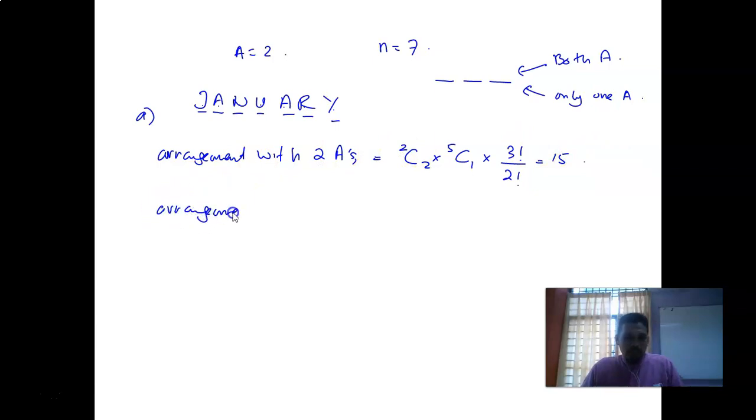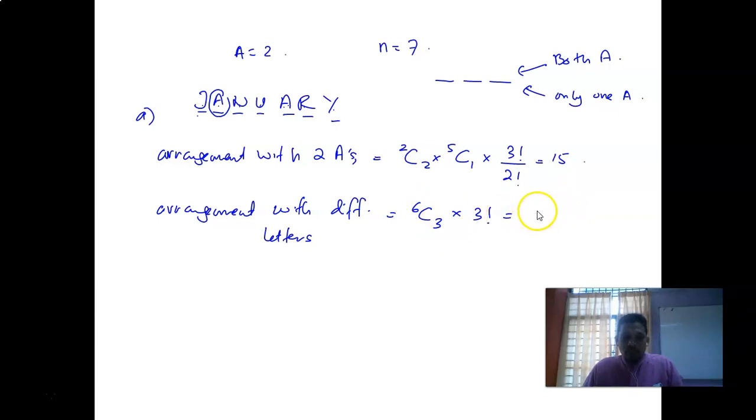And if the situation is arrangement with different letters, let's say 1 of the A's is not in the list, there's only 1, so we have 1, 2, 3, 4, 5, 6, so it is 6C3 times 3 factorial, because in question A arrangement is important, so we choose the 3 and then we arrange them.